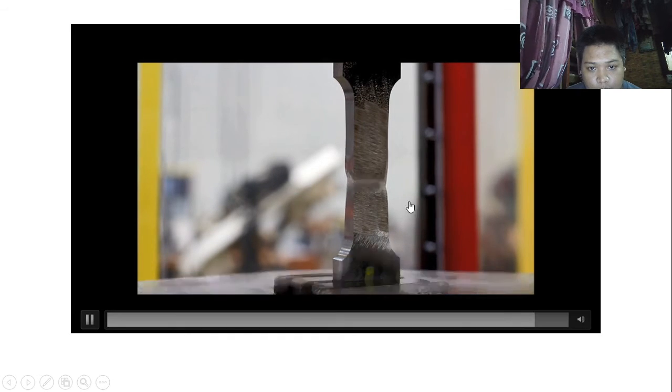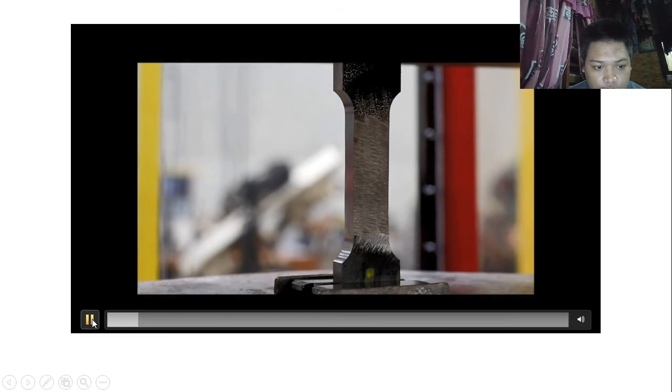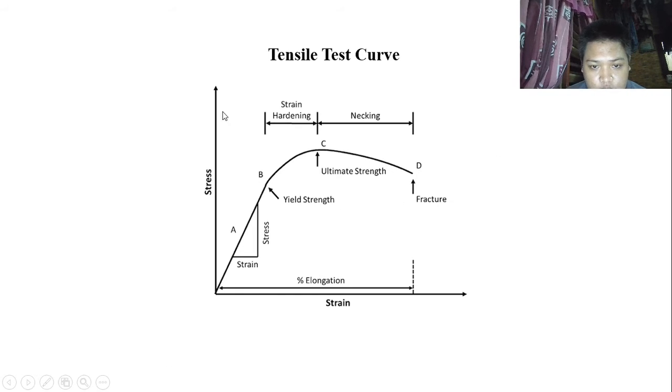You can see it led to failure after the amount of stress could not be taken anymore by the material. So this is the process of the tensile test.